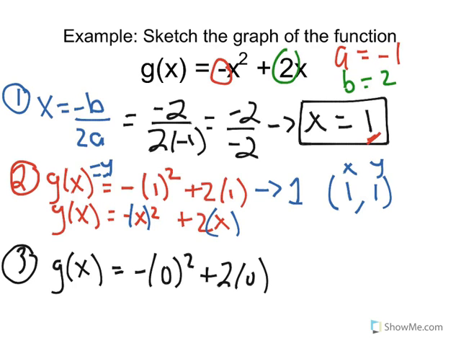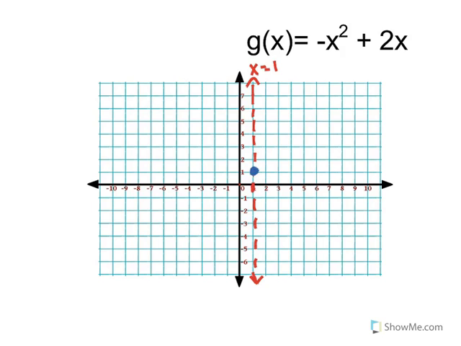Anywhere that we saw x, we put 0. So when we evaluate, we should be getting 0. So the y-intercept is equal to 0. So now let's go to our graph and plot that. So our y-intercept equals 0.